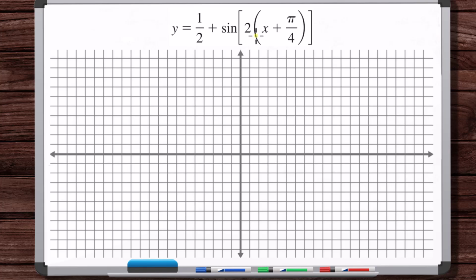Okay, so we can see here, this is going to be shifted to the left pi over 4, scaled about the x-axis by a factor of 1/2, not scaled about the y-axis, and then shifted up 1/2. So you think about this as sine of 2x being what's shifted to the left pi over 4 and up 1/2. So the period is going to go from 2 pi to pi. It's going to be scaled down by a factor of 2.